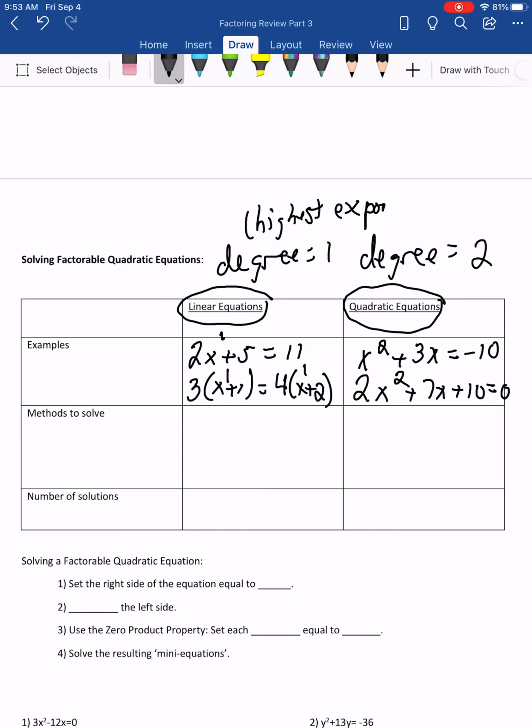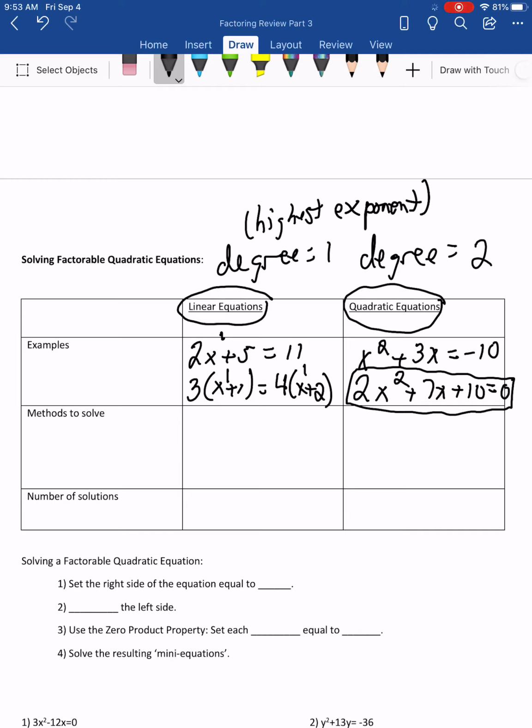Degree means the highest exponent, okay? And what you should also remember is usually quadratic equations are set equal to 0, right? Like this example.